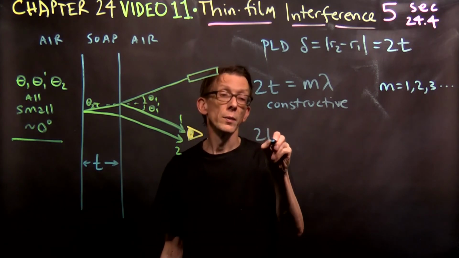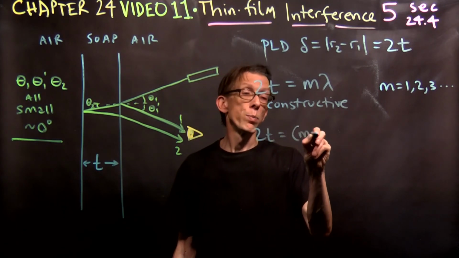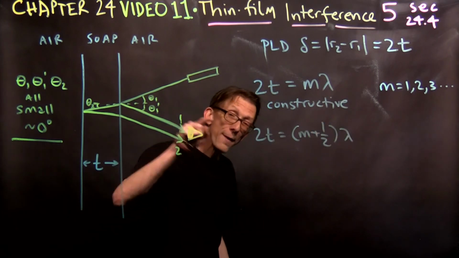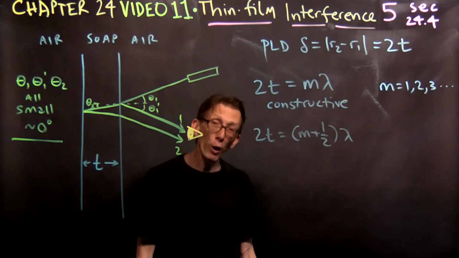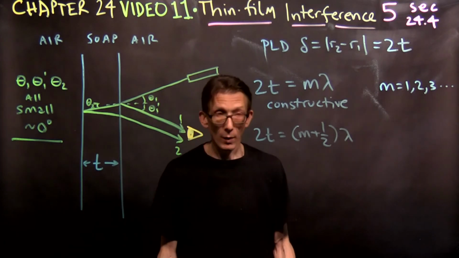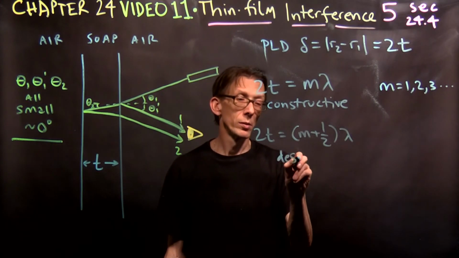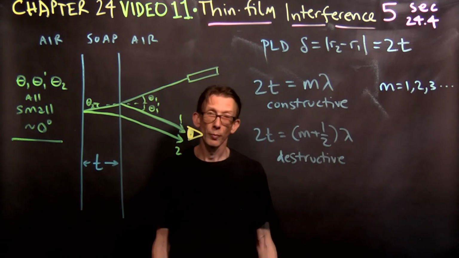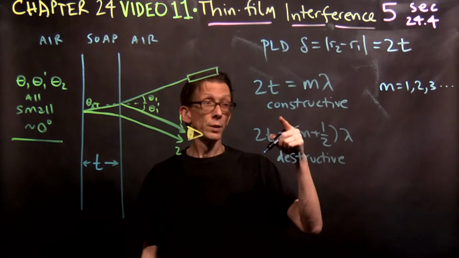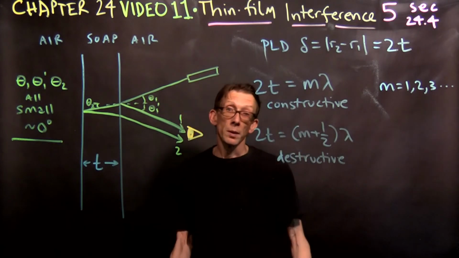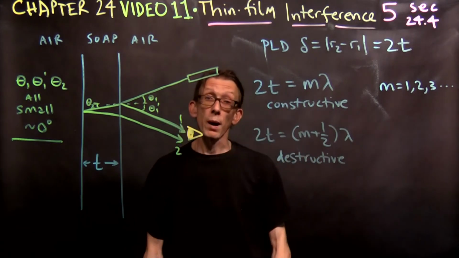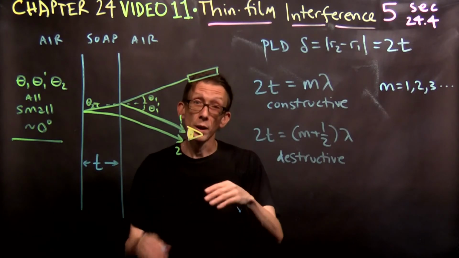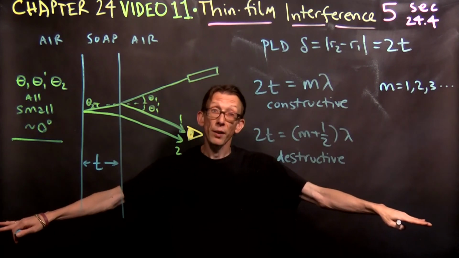However, if 2t equals m plus 1/2 lambda, then wave 2 will be perfectly out of step with wave 1, and we'll have destructive interference. If constructive interference is happening, then we get a bright spot. We can see the light in this case. If destructive interference is happening, then both waves cancel each other out and we see nothing at all.